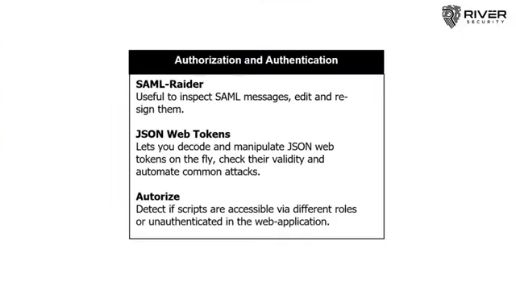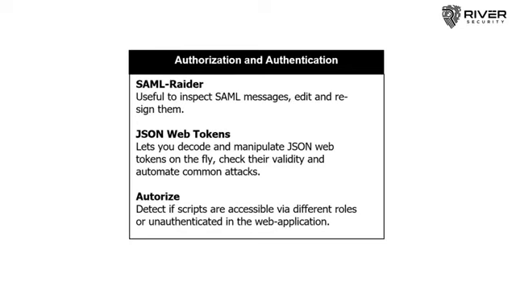Authorize is also another very convenient feature. So as you've noticed in this Burp Suite cheat sheet, we are trying to give you things that make your life easier, things that should be in your tool arsenal when you're using Burp Suite, and Authorize is one of those features. Authorize will allow you to explore an application via different authentication users and roles. So for example, I can explore an application via an authenticated role, maybe an administrator user.